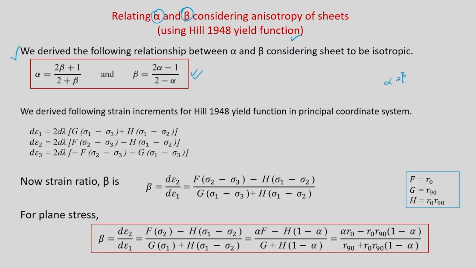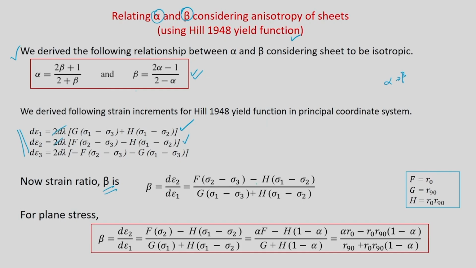Now, for Hill 1948 yield function in the principal coordinate system, we derived these three just now, d epsilon 1, 2 and 3. We are going to use them. How? What is beta here? Beta is nothing but the strain ratio, epsilon 2 by epsilon 1, right? So, this divided by this. The d lambda will go off.